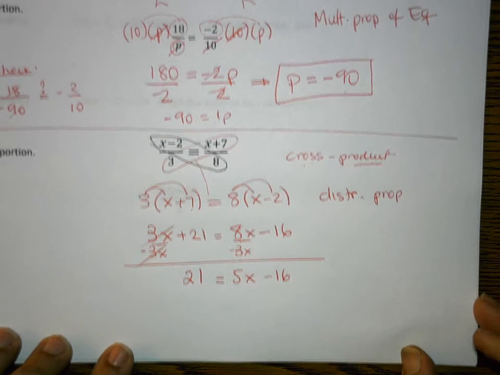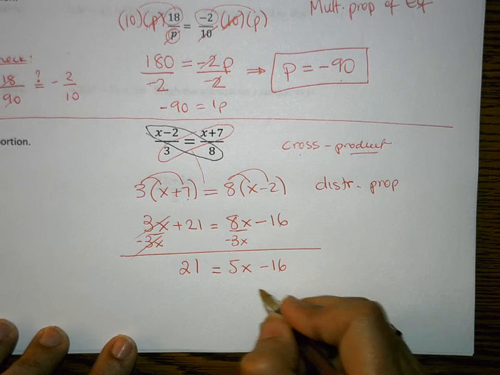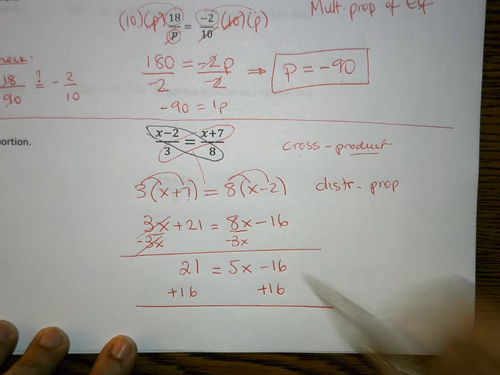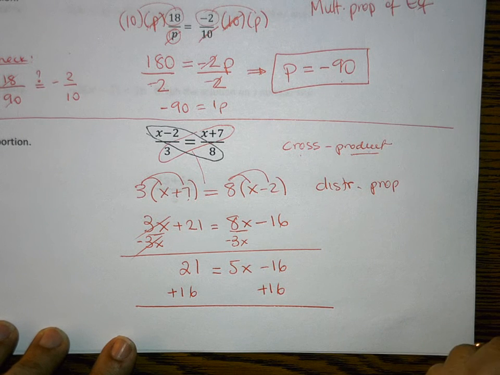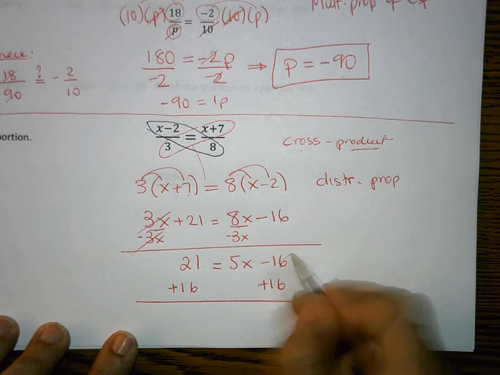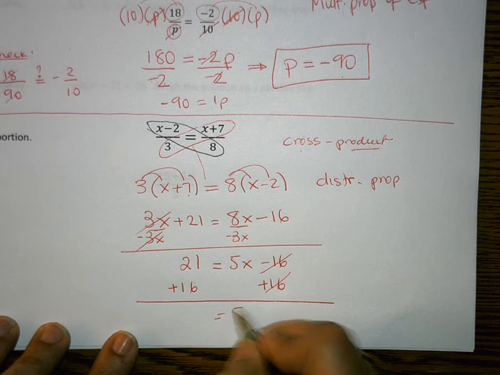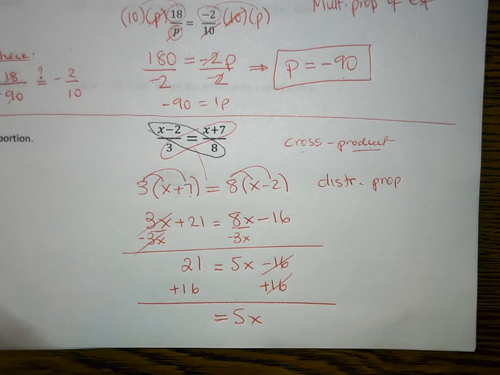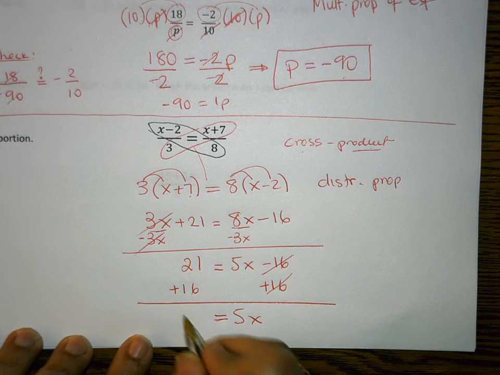The last thing I need to do is add my 16 to both sides. Because I have a negative 16, I'm going to add a 16. Okay? So this becomes 0, and we get our 5x all by itself. We're almost there. And then 21 plus 16 is 37.